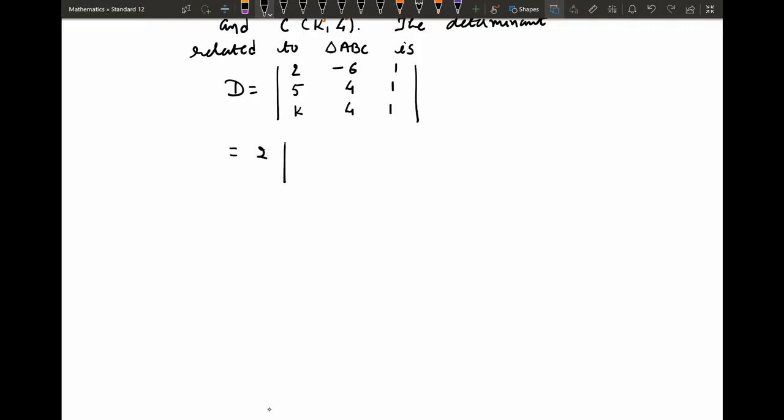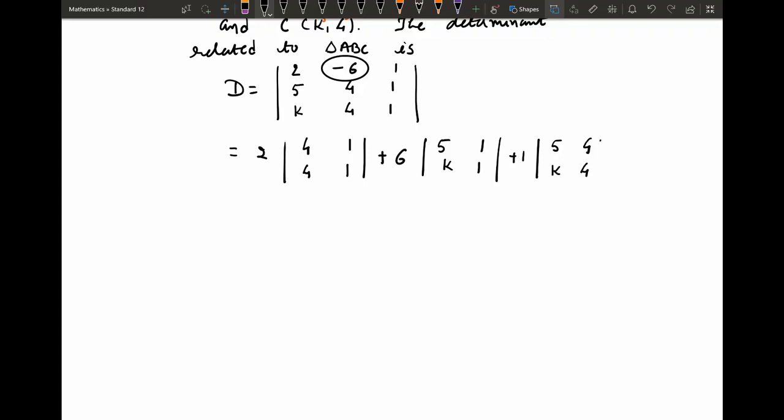So 2 into the determinant 4 1 4 1, then for the second element we have to take minus, so minus minus plus 6 into the determinant 5 1 k 1, leaving the row and column in which that entry lies, plus 1 into the determinant 5 4 k 4.